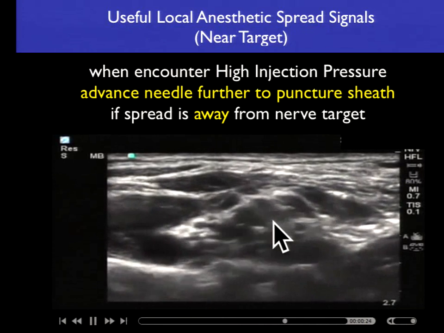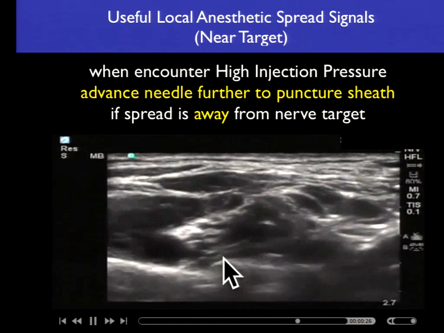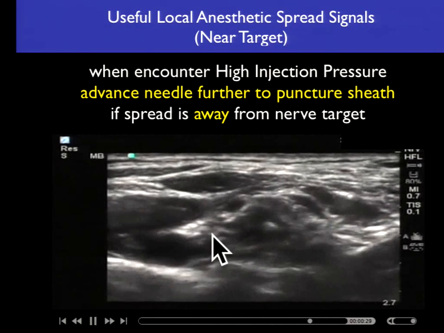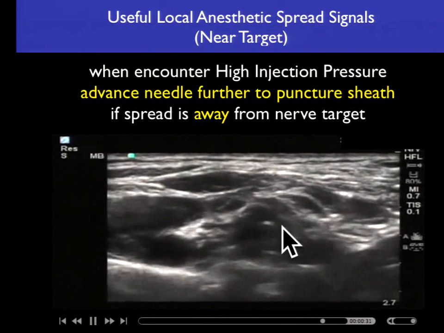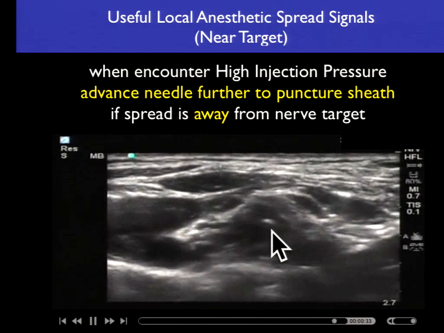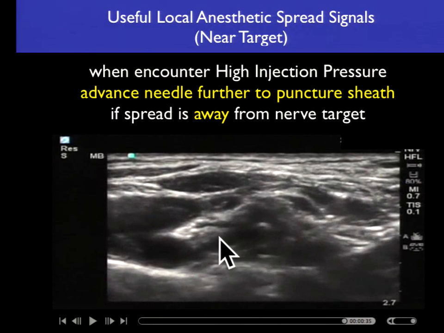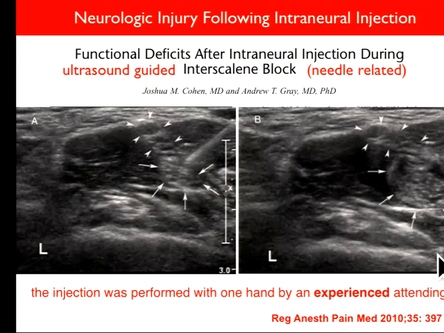You need to actually advance the needle to go through the sheath in order to get to the right target. Otherwise, if you see the fluid is going away from the target and it is high pressure, then you need to advance, not to withdraw. So this point we can discuss further during the panel discussion.